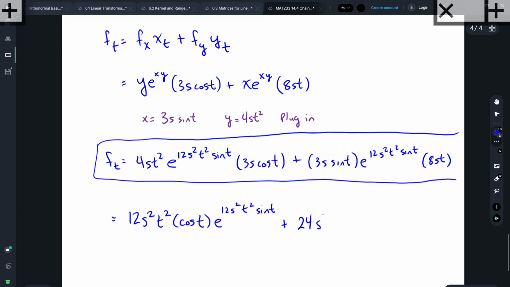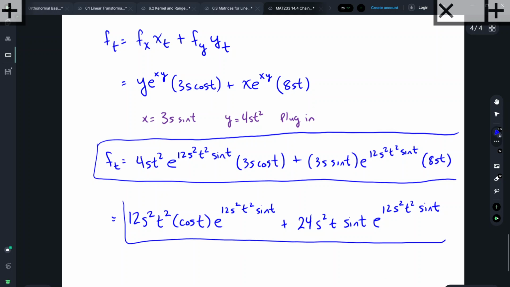Then we have s squared t sine t, and then the exponential. Okay, so this is what we get for the partial of f with respect to t.